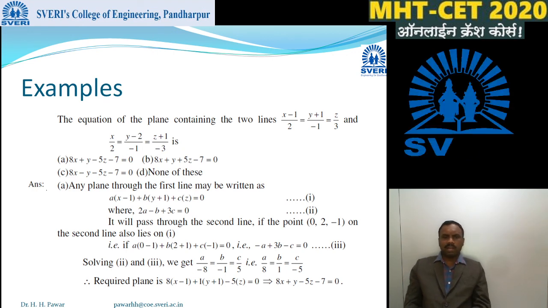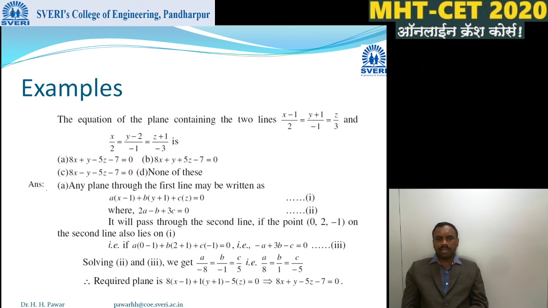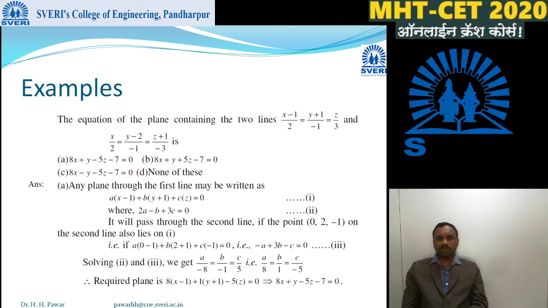Now any plane through the first line may be written as a(x minus 1) plus b(y plus 1) plus c z equal to 0, where 2a minus b plus 3c equal to 0.